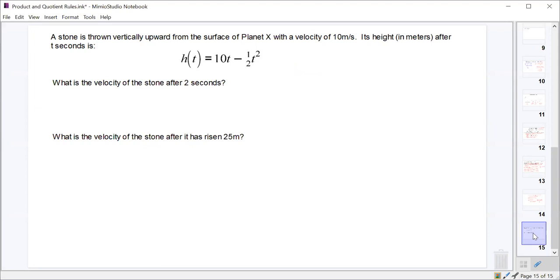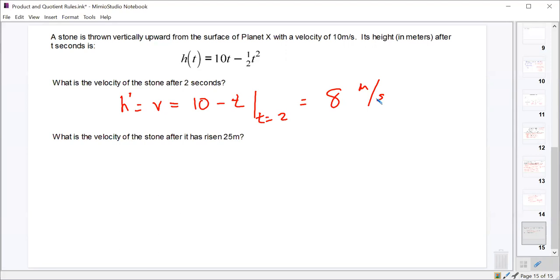Take the derivative, right? Because this is just a position function. The height is just a position. So h prime should be v, which should be 10 minus t. And if we want to know what that is at t equals 2, I'll just evaluate it there and you get 8. The velocity is 8 meters per second.